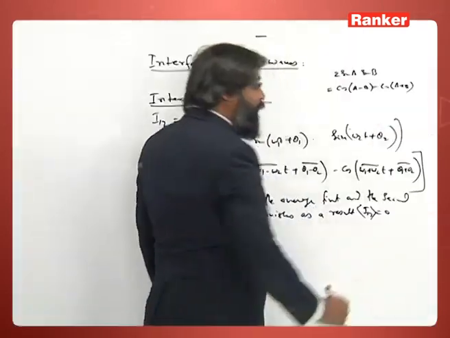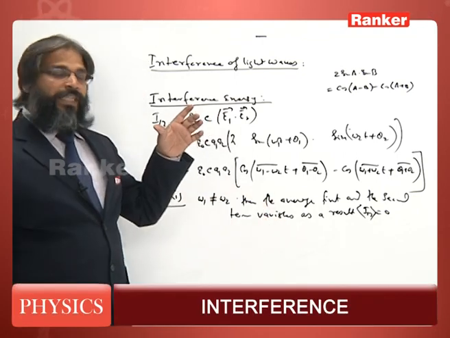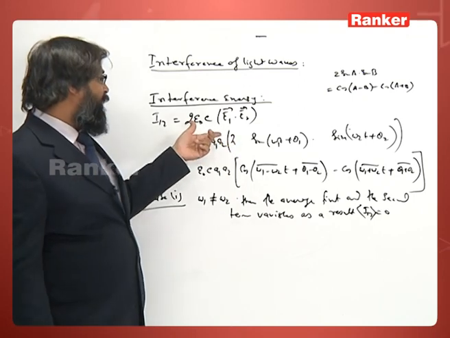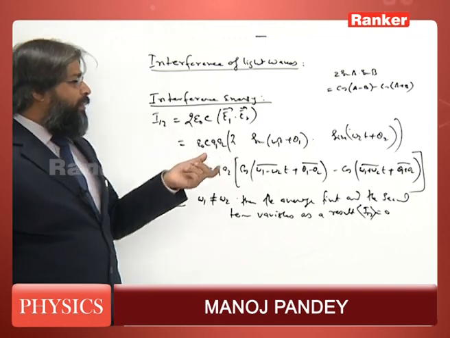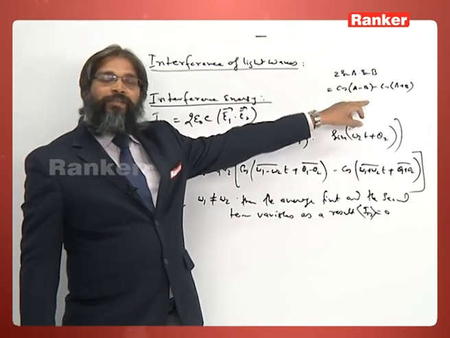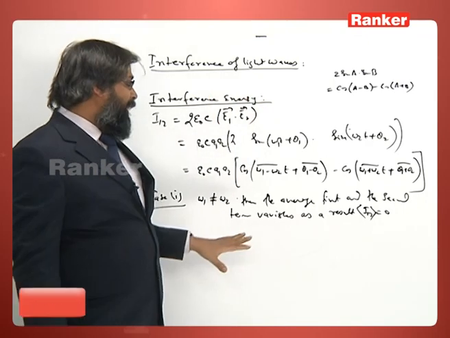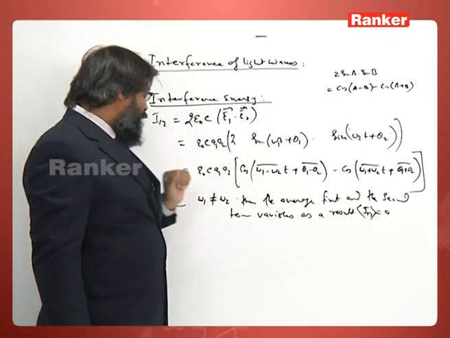Average of I12 equal to 0. What does it mean? It means that when the two interfering waves have different frequencies, then the interference energy will be 0, and simply the energy arriving at P due to the two sources S1, S2 will be simply added. So, there is no interference in such a case.